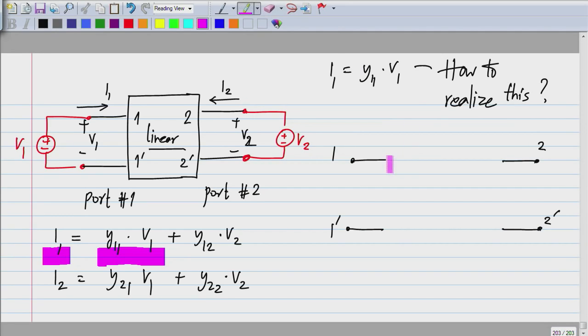That is, I have four terminals here, 1, 1 prime, 2, 2 prime. So what is the circuit element that will realize just this relationship, where I have taken only the first term in I1, and how do I connect it so that I get just this relationship? This should be pretty simple. In fact, you can very easily see that it is more or less equivalent to a one port network.